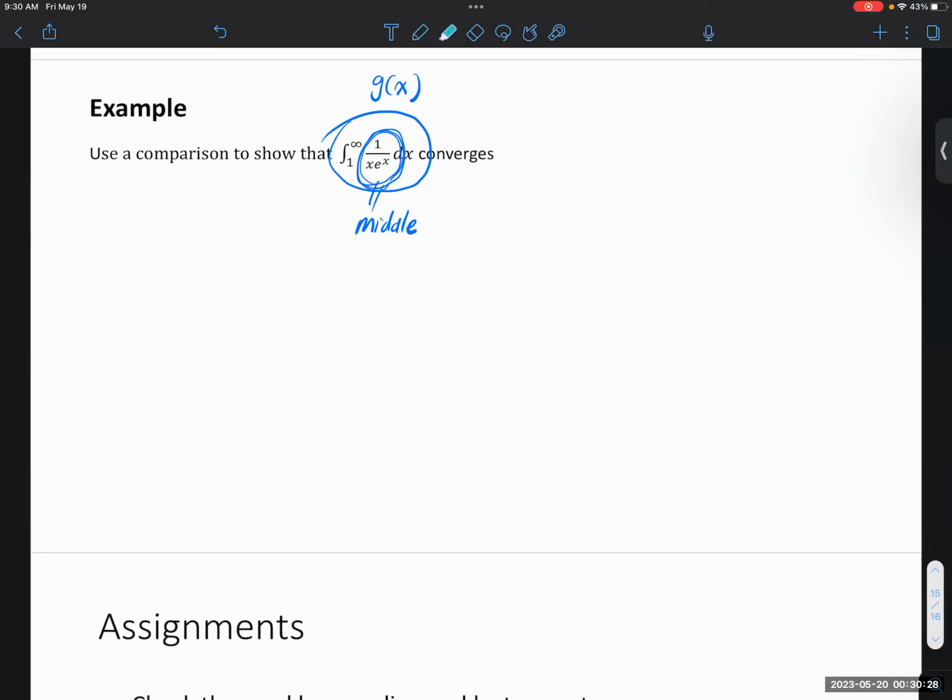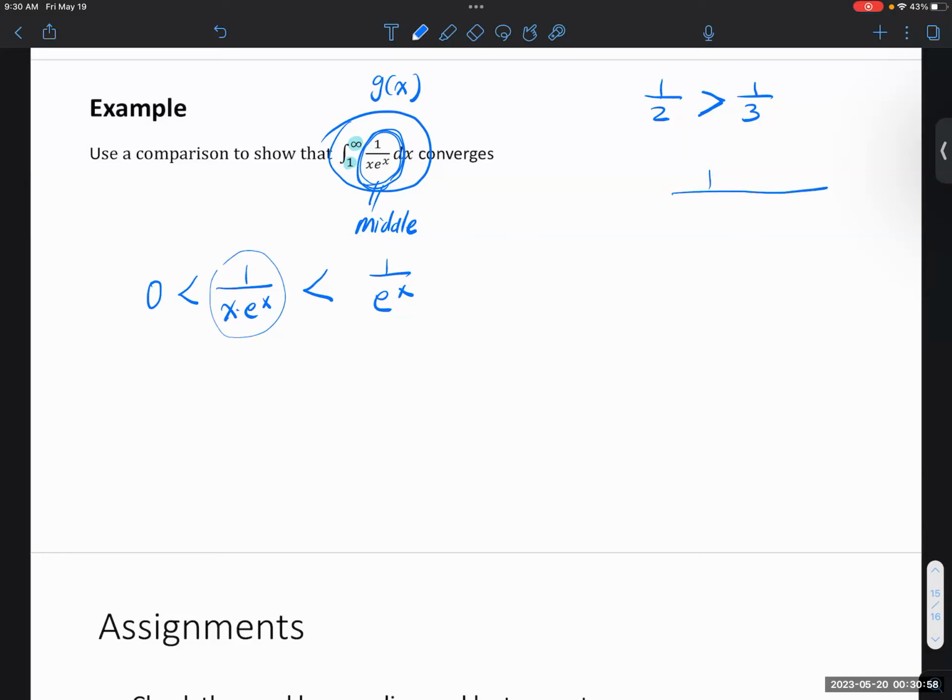Because in this question, we are specifically starting from 1 to infinity. So I can set it up: 1 over x times e to the x is greater than 0 because it's a positive function. And then if you think about it, 1 over 2, 1 over 3, this is larger, correct? So if you get rid of one of the terms, for example, 1 over e to the x, this function is always larger.